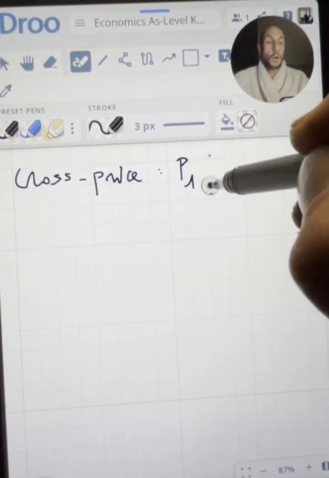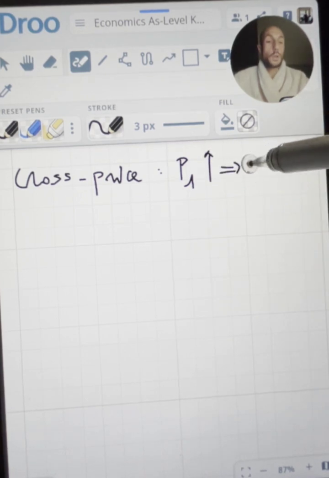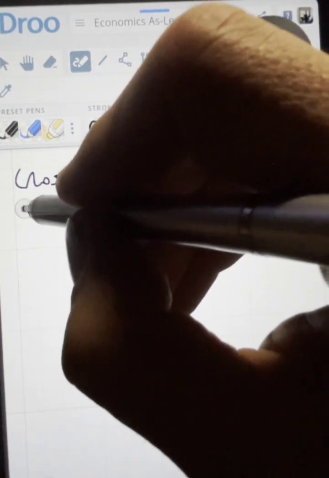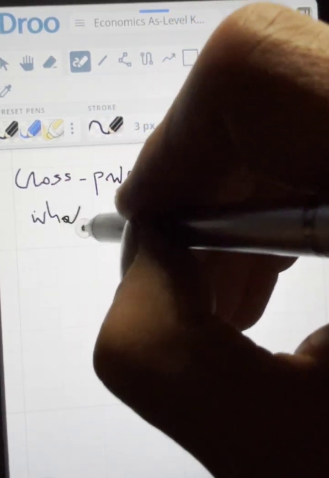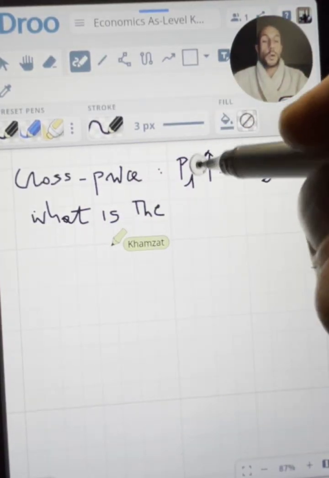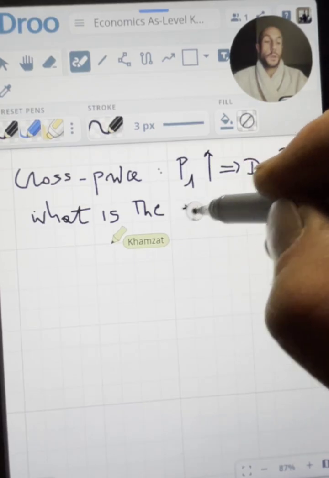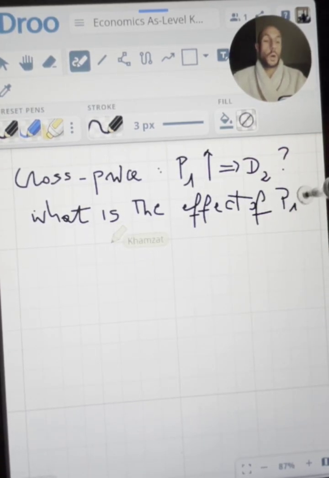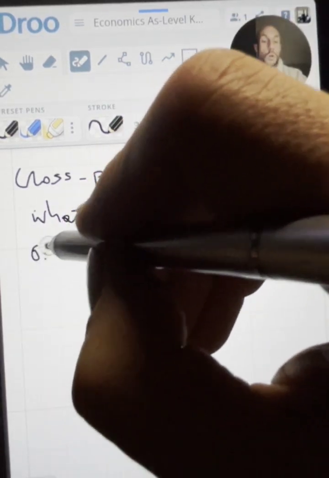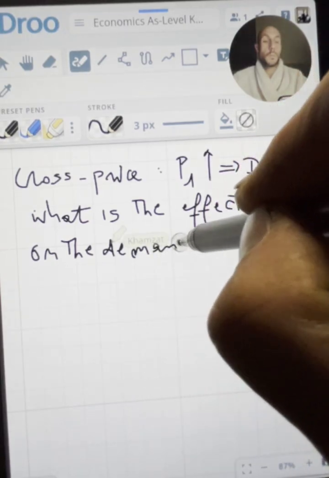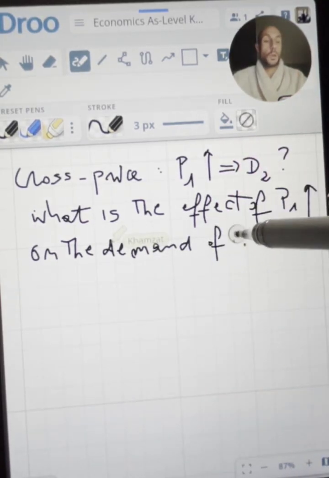Price 1 goes up. What happens to the demand of good 2? It is 0.6, the effect of P1 growing on the demand of good 2.